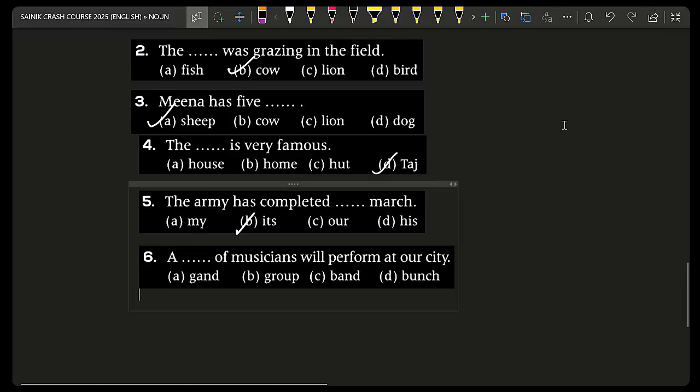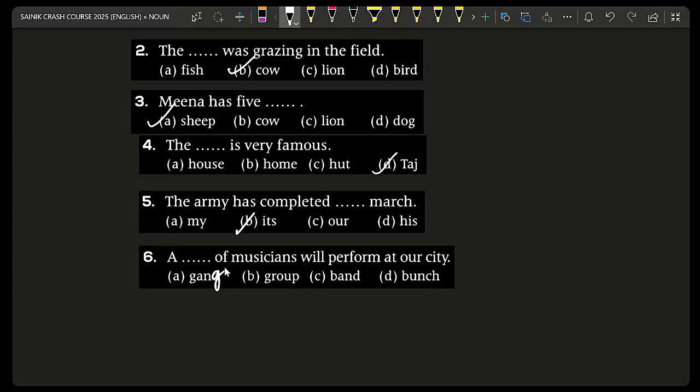A gang of musicians, a group of musicians, a band of musicians, or a bunch of musicians. Let me see how many of you remember the collective nouns. All of you try to participate in the poll.